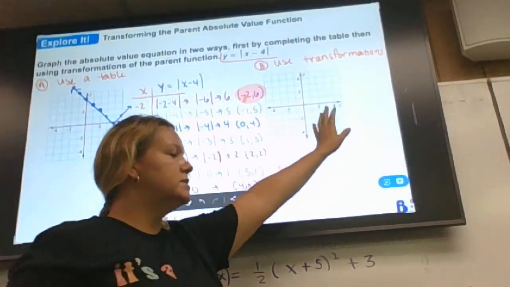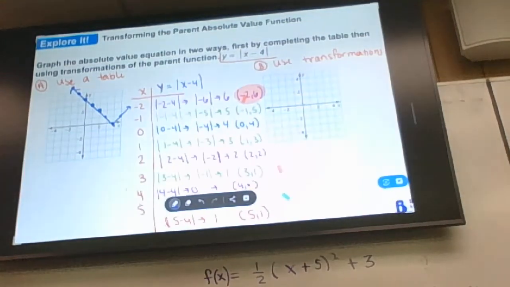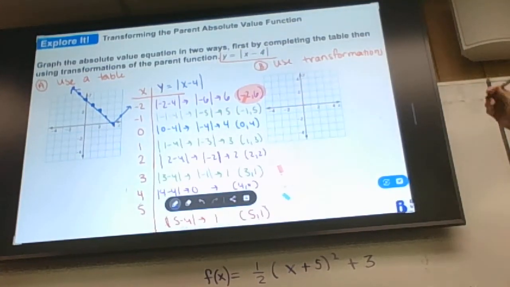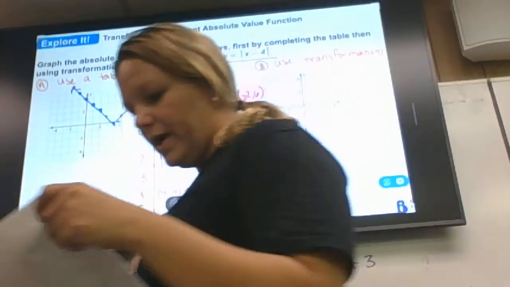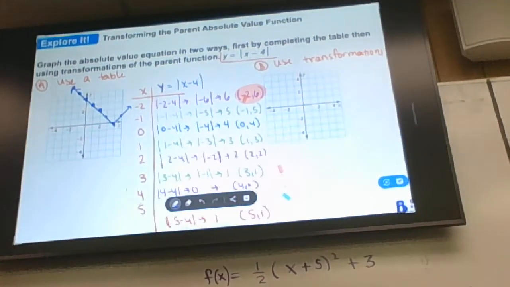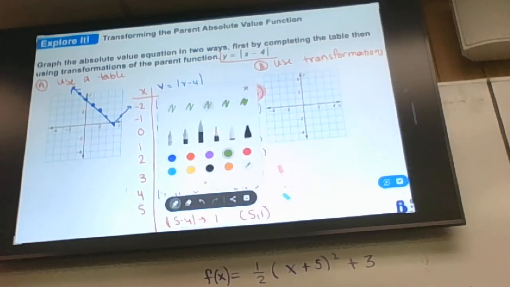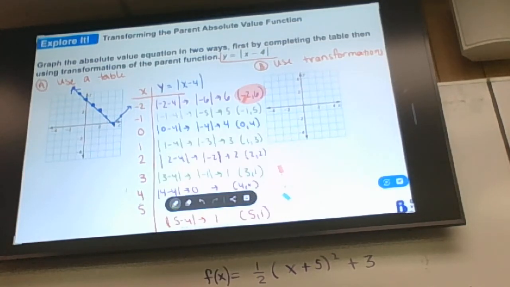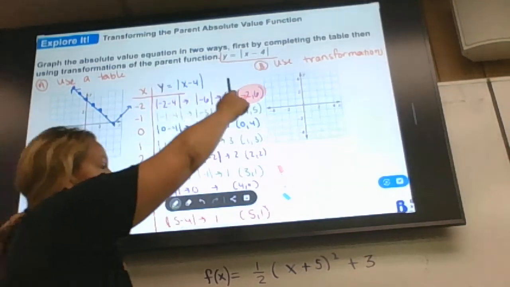Okay, now we can do letter B and just use our transformations. What is the minus 4 there? Bailey, this minus 4 in the equation, does it represent A, an H, or a K value? It's an H. It's in the bars.